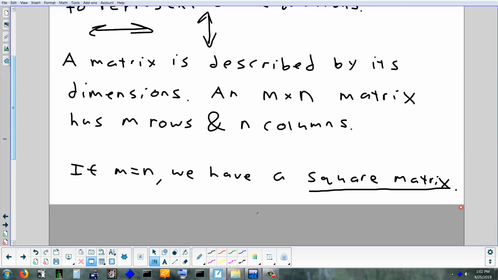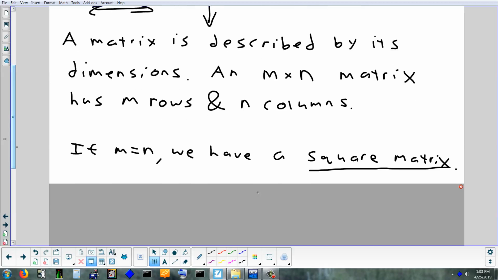Just like an ice cube tray, rows and columns. Matrices technically can be one-dimensional. I'm going to show you an example of that. They can also be three-dimensional, four-dimensional. You can make it as many dimensions as you want, but we're going to focus on 2.